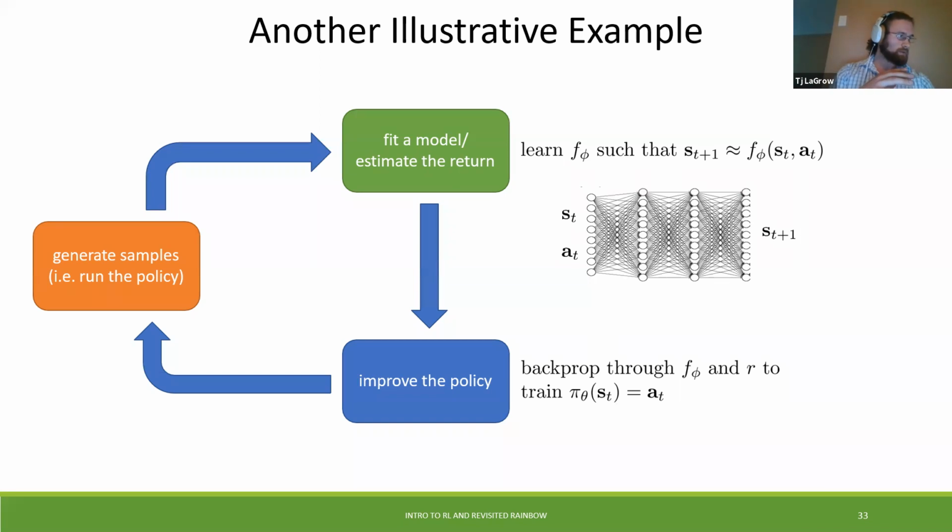It's the state action value function of a policy that measures the expected return or discounted sum of rewards.